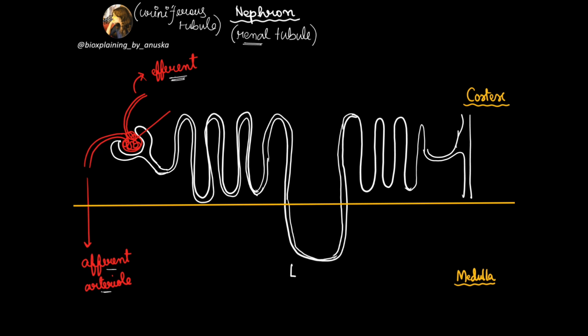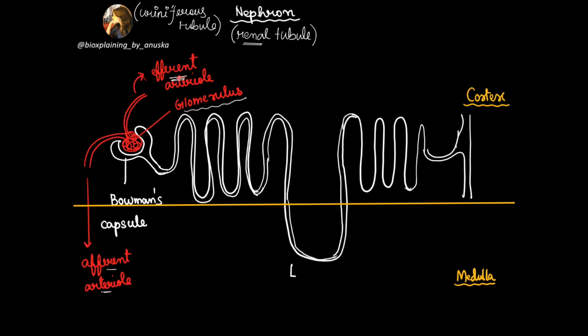Then the part in between is known as the Bowman's capsule, which is the first part of the nephron. And then you have the glomerulus. The afferent arteriole enters into the Bowman's capsule and forms a knot of capillaries. That is what you call the glomerulus.